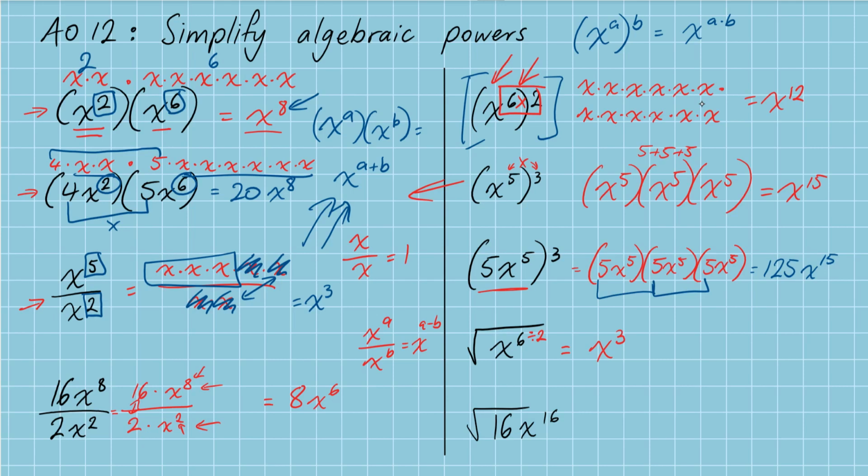Let's have a look at our bottom question. Well, what we're going to do here, we still have to square root this like we ordinarily would with any other 16, like if it was just the square root of 16. So the square root of 16 is 4, so that is 4. But what do we do with the indice?